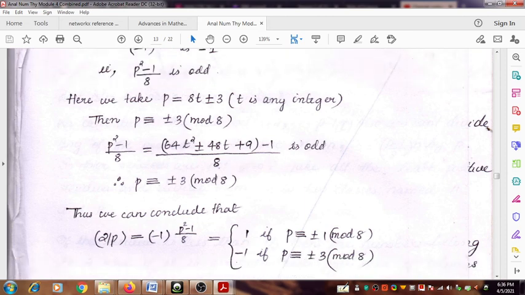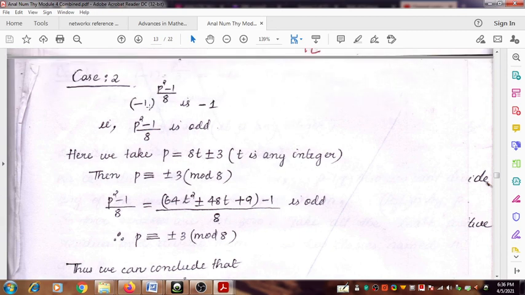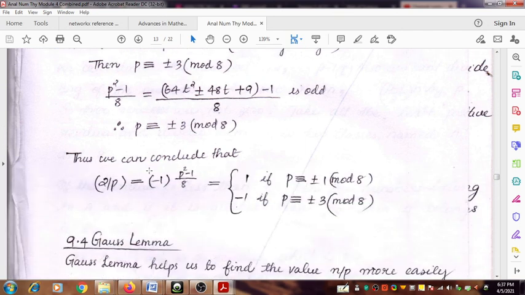Definitely this quantity is odd, we can verify that, since after simplifying p square minus 1 by 8, we get an odd quantity, and that odd quantity ensures that minus 1 to the power of p square minus 1 by 8 is minus 1, and this happens when p is congruent to plus or minus 3 mod 8.